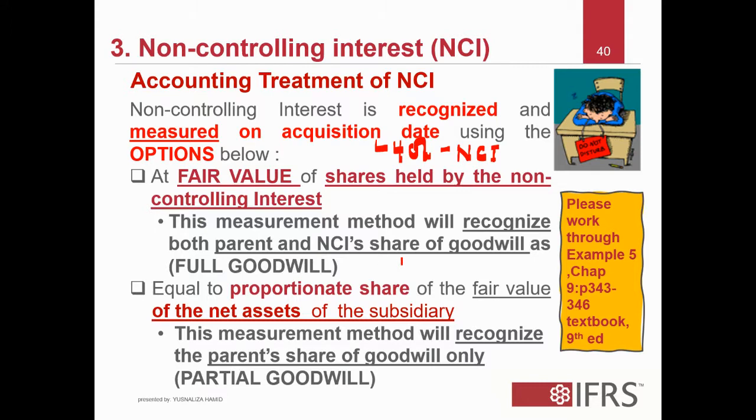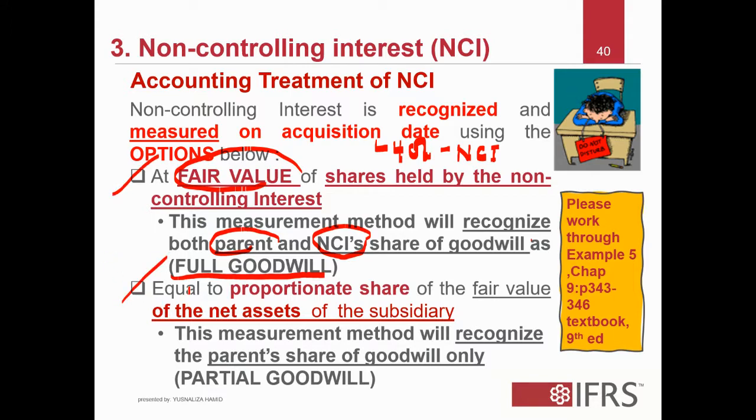And in this method, it will recognize both parent and non-controlling interest share of goodwill. We're going to look into this in another few more slides. So this is full goodwill. When you measure it at fair value, you will come out with full goodwill.